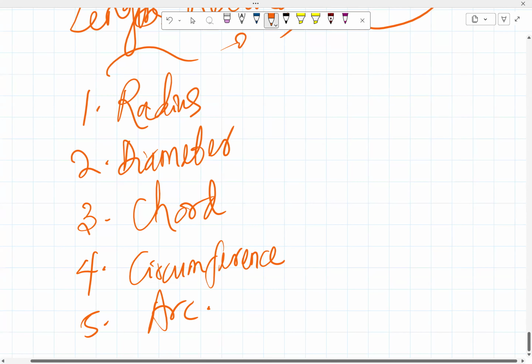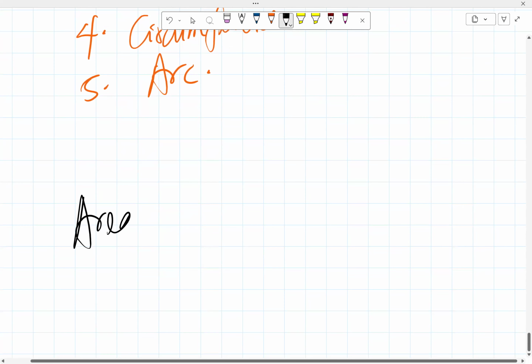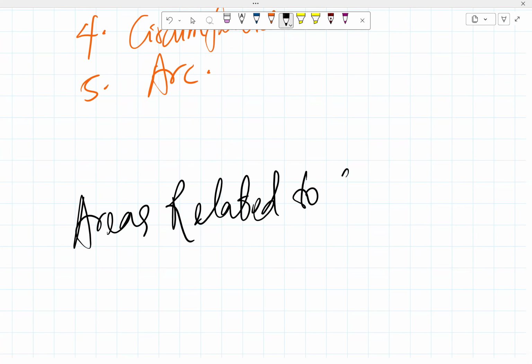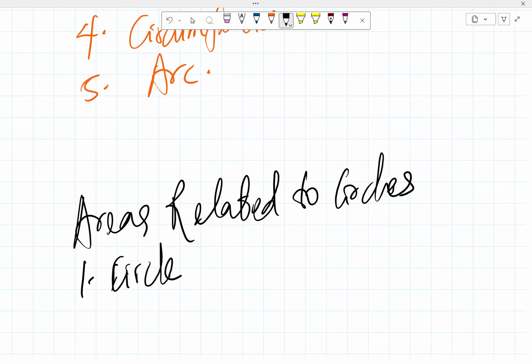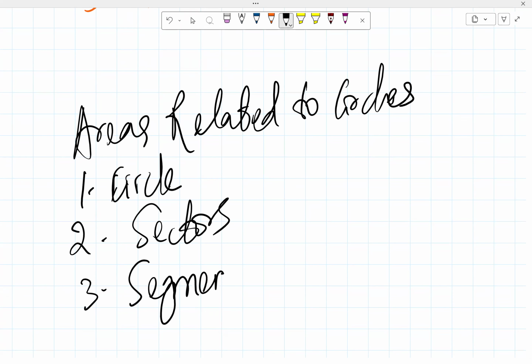Areas related to circles. So the deal is we have the circle itself, and now we have other things like sectors and segments.